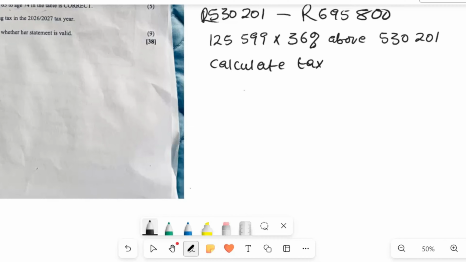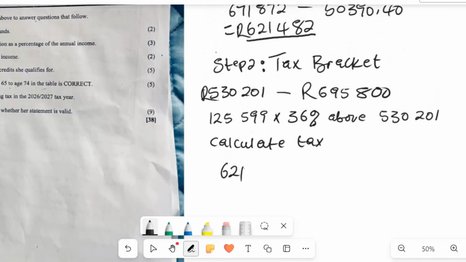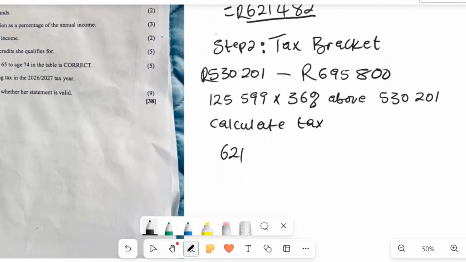So that is 621,482, and we want the difference from 530,201.